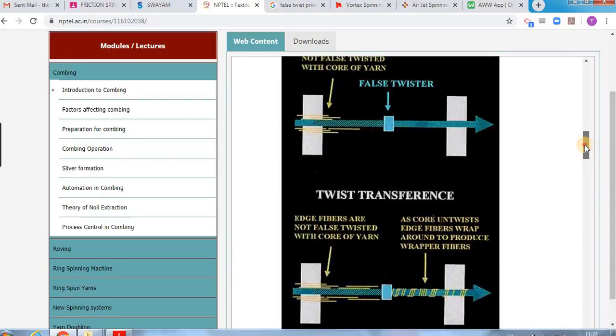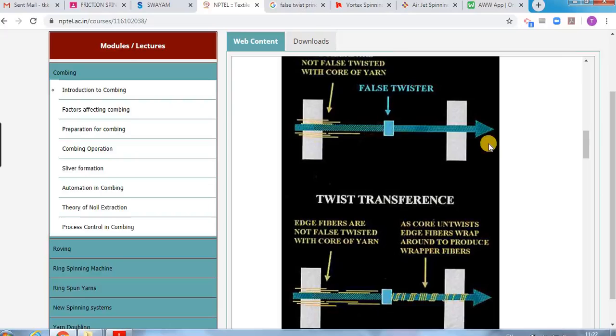So here you can see the two rollers. This is the feed roller, this is the delivery roller, and I am twisting in between. So here it is having S twist. When it comes to section B, this twist will be removed. But you can see this yellow color line, these are some edge fibers which do not have any twist.